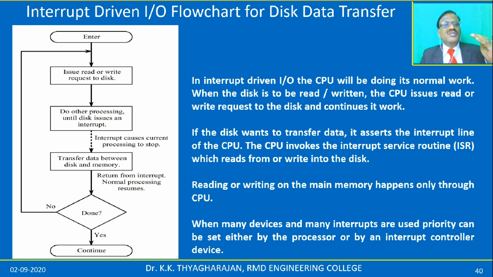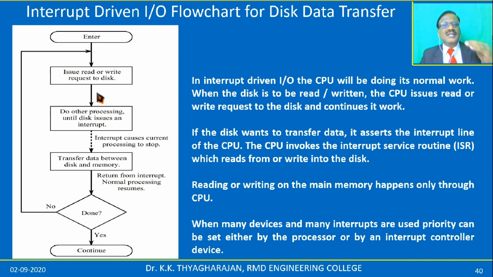When the data transfer is over, the CPU will continue with other works. If the data transfer is not over, again it will issue a read or write signal to the disk. Then the same process will be repeated.